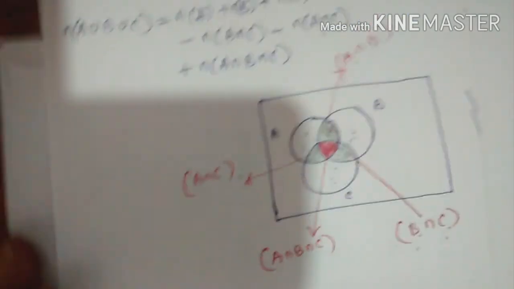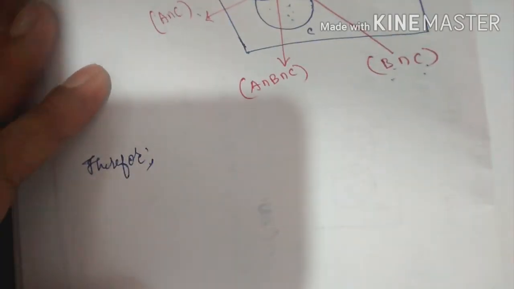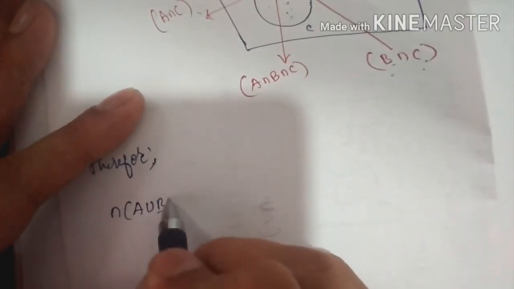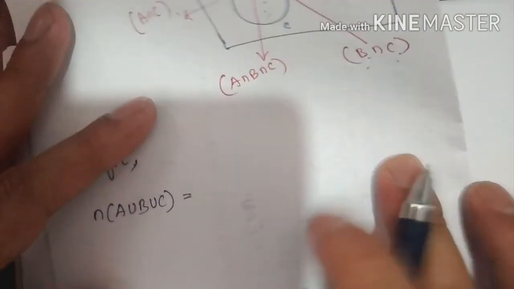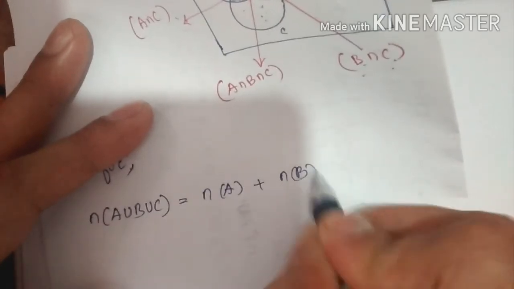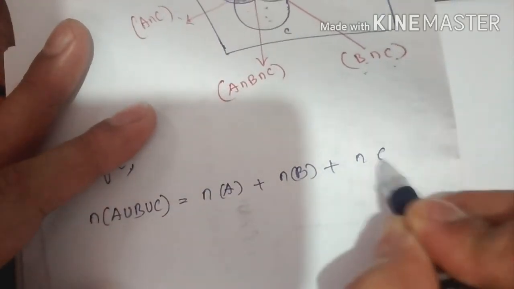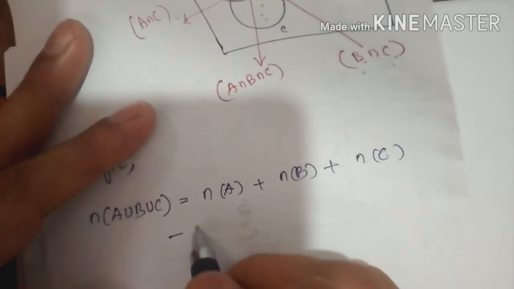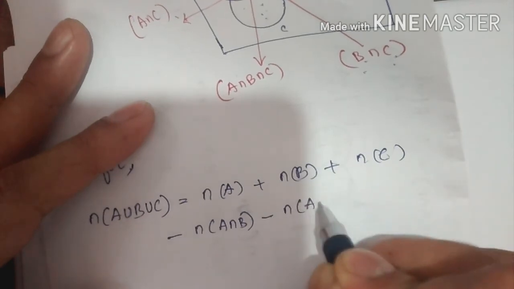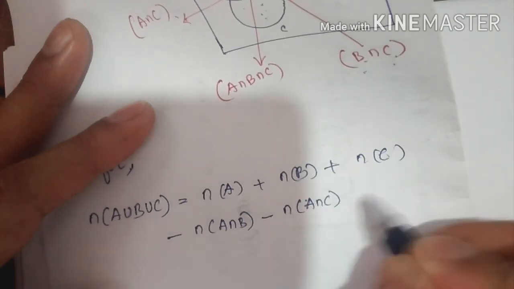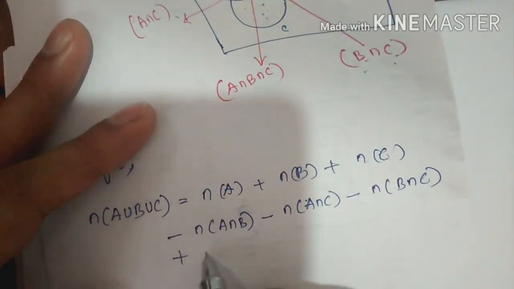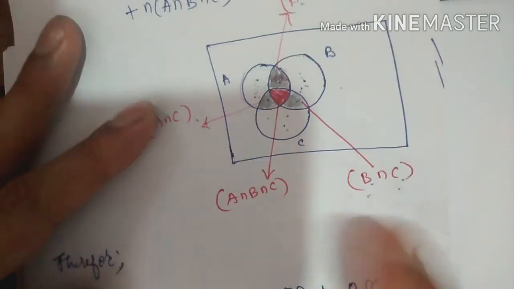So in conclusion, the formula to find the number of A union B union C will be: number of A plus number of B plus number of C, minus number of A intersection B, minus number of A intersection C, minus number of B intersection C, plus the middlemost portion, which one?